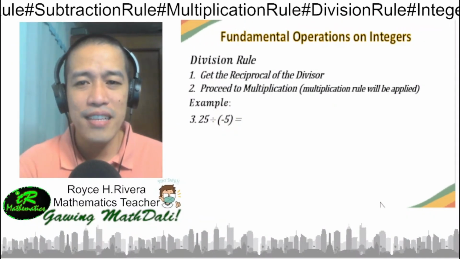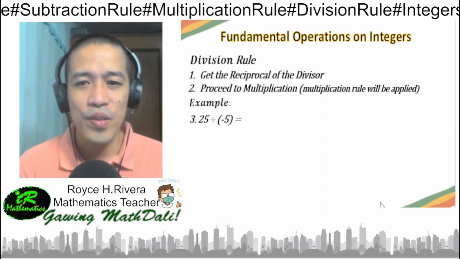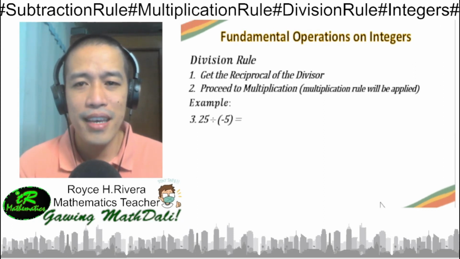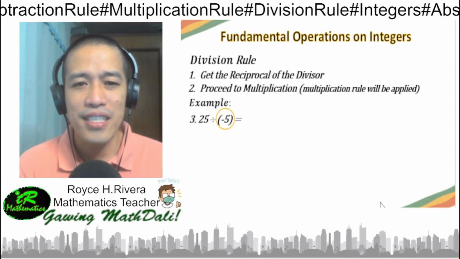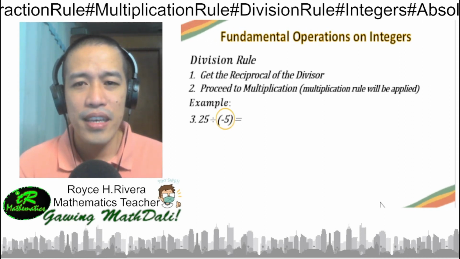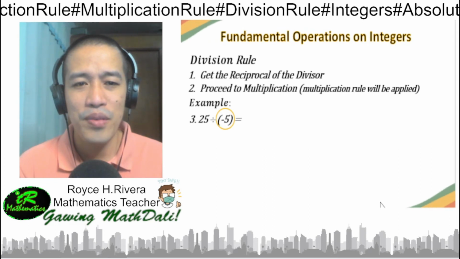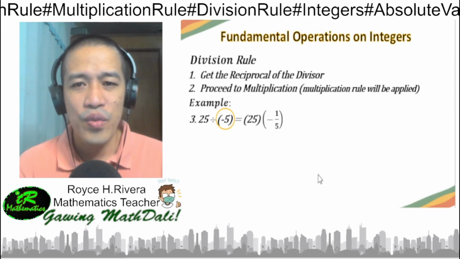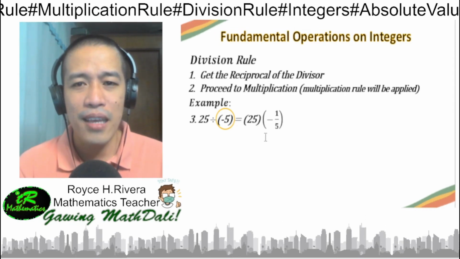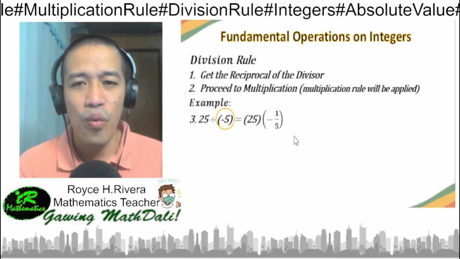Example number 3. 25 divided by negative 5. The divisor is negative 5. We get the reciprocal, then proceed to multiplication. 25 times negative 1 over 5.